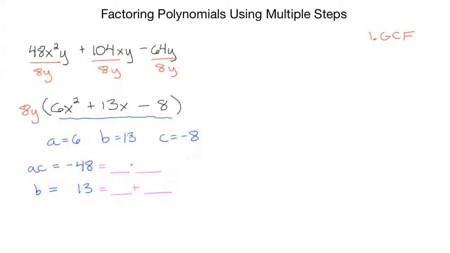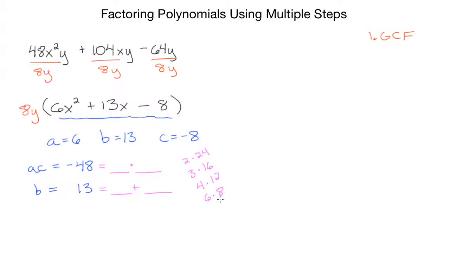So let's list out my combinations of 48. So 2 times 24, 3 times 16, 4 times 12, and 6 times 8. Those are all the factors of 48.